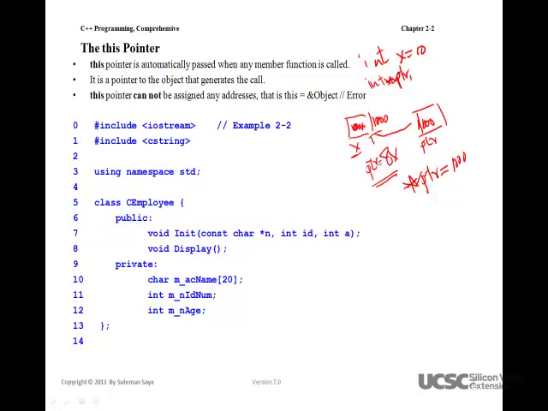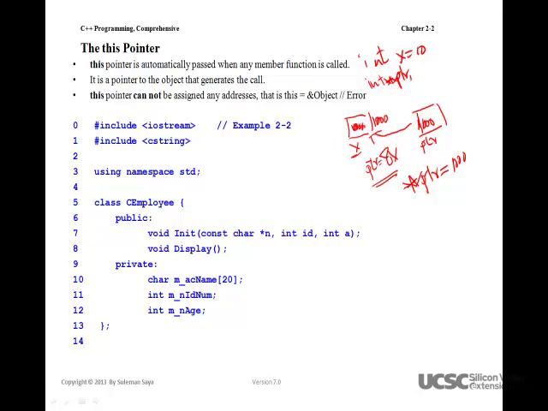You won't even know that during the compilation some extra code was inserted. And one of the things that it also inserts is this pointer. It actually inserts this pointer in the member function's parameter list, even though there may not be any parameters from the user.